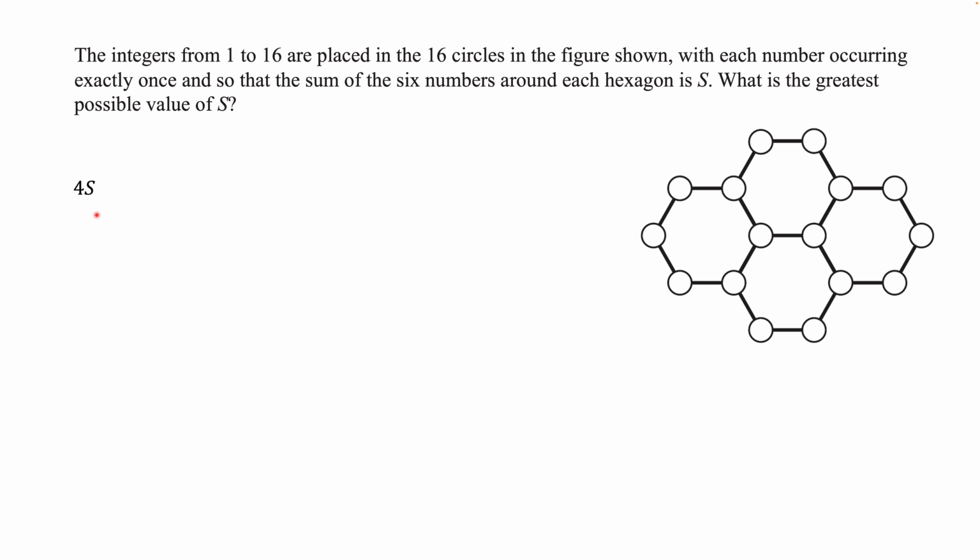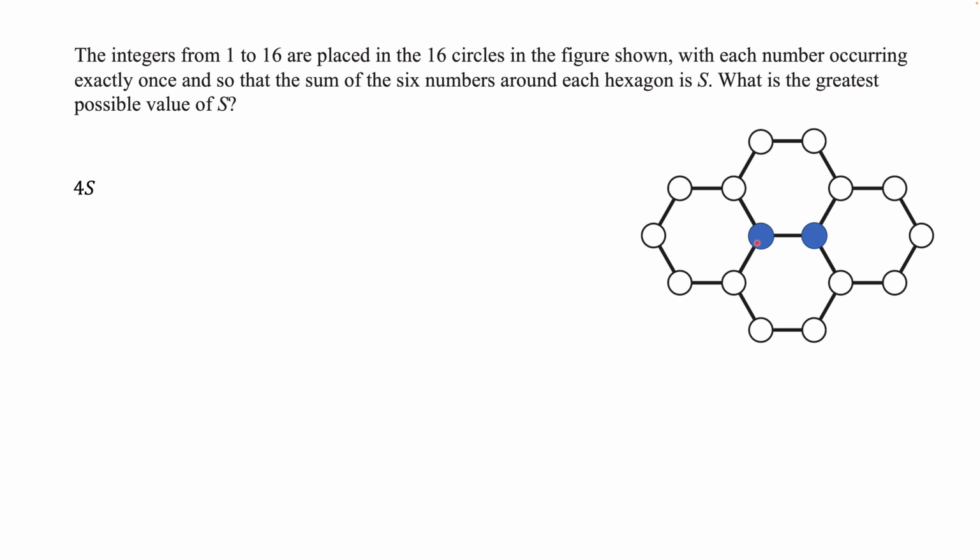So now, let's look at what's going to happen if we get 4s, if we add all these 4 hexagons. Well, we find that some of the circles, the numbers, we're going to see once in the sum, and some of them we're going to see twice, some of them 3 times.